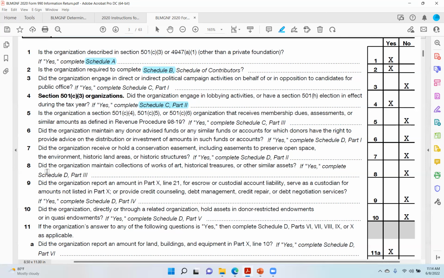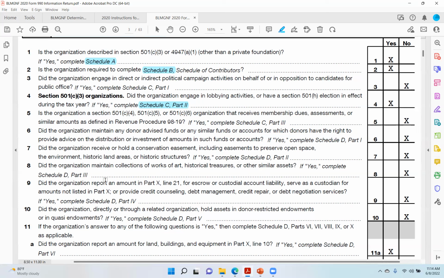So the answer is no. Number 7: Did the organization receive or hold a conservation easement, including easements to preserve open space, the environment, historic land areas, or historic structures? They said no there. Number 8: Did the organization maintain collections of works of art, historical treasures, or similar assets?